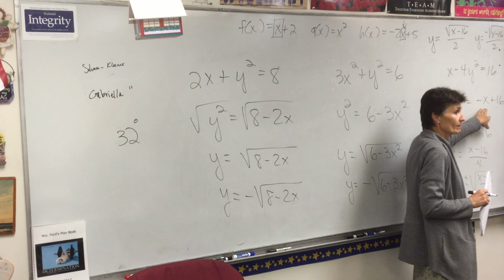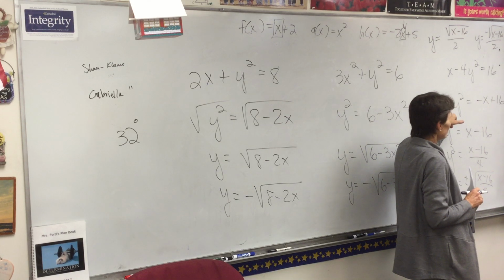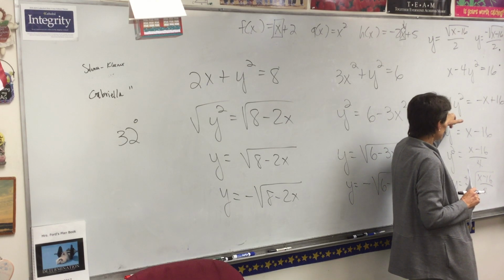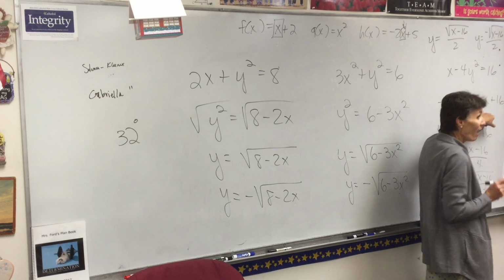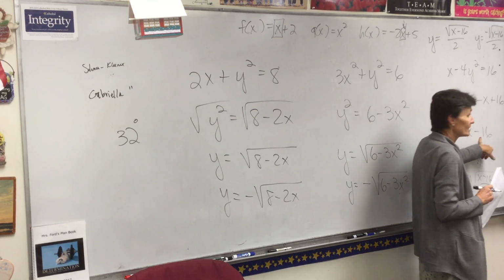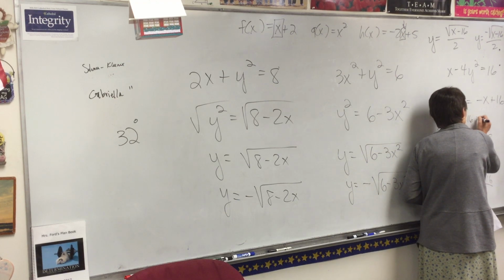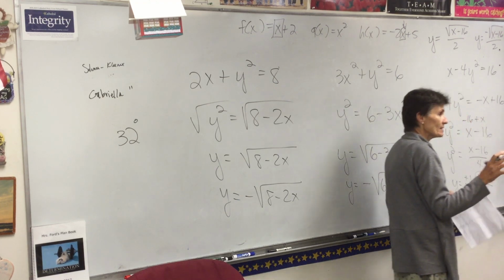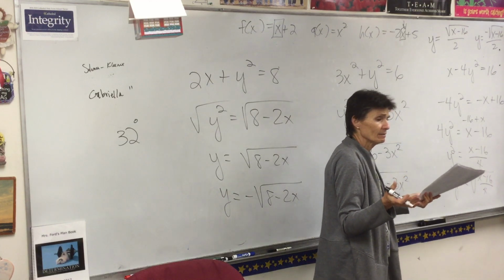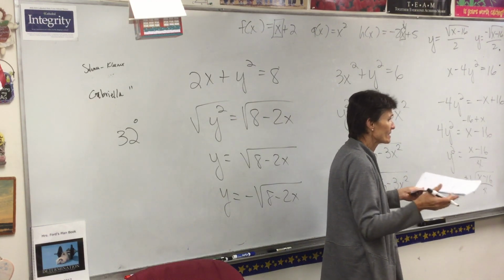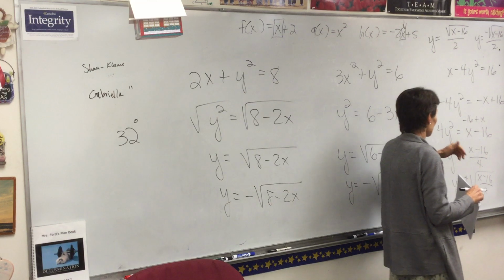This is the same thing. I knew I was going to have to divide by a negative, so that made my x positive and my 16 negative. Now, if you have negative 16 plus x, that's fine. Isn't that the same thing? Don't be confused about that kind of stuff. That's the same thing. It doesn't matter.